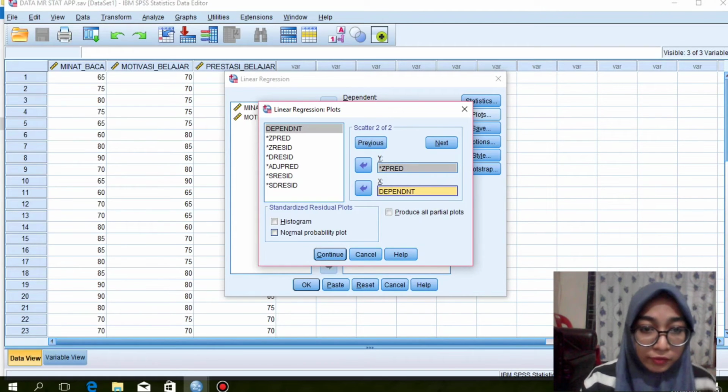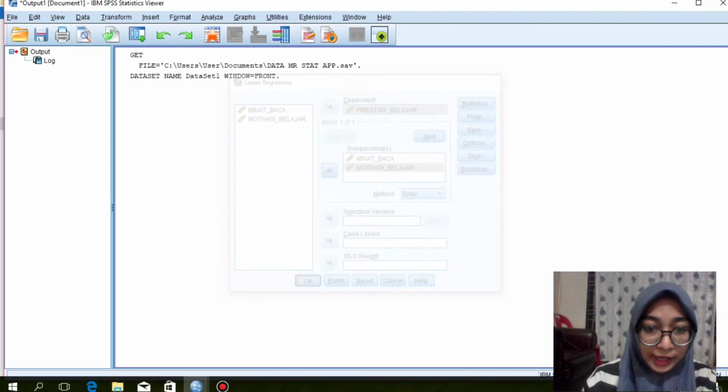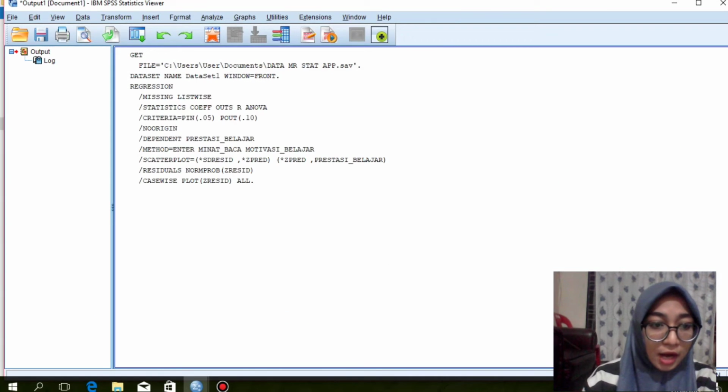Mark for normal probability plot and click continue. If you are all done with this step, click OK, and the output will appear on the screen.